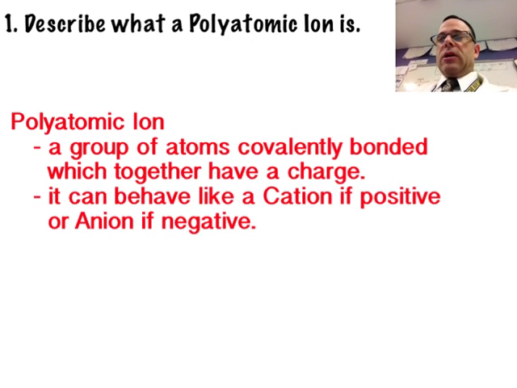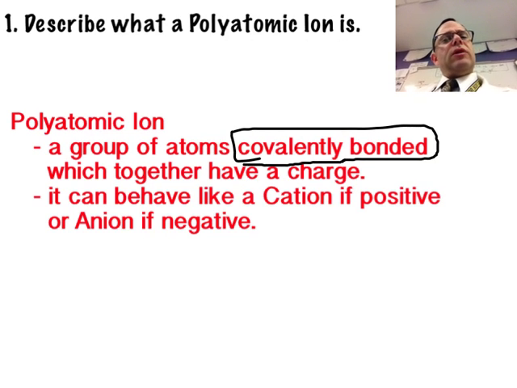polyatomic ion. So before we go too far, let's take a look at this term right here, covalently bonded. We also need to think about what type of atoms might be involved in the construction of a polyatomic ion.